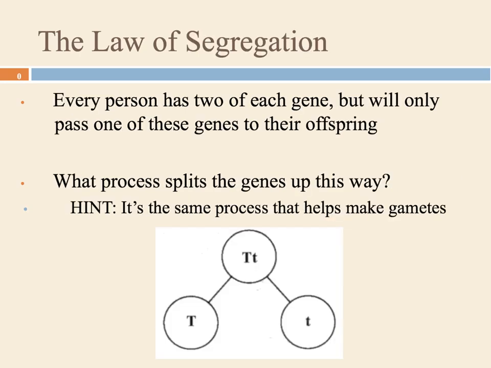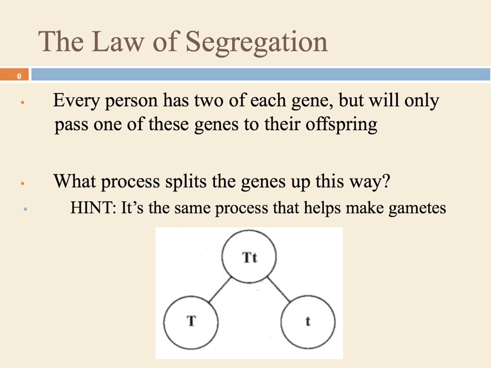The second law that he came up with is that the alleles are going to separate independent of each other. So we know that each person gets a set of genes from their mom and a set of genes from their dad. But you can only pass one of those genes to our offspring, because remember, during meiosis 1, homologous chromosomes are going to separate, and then during meiosis 2, sister chromatids are going to separate so that each cell is haploid.